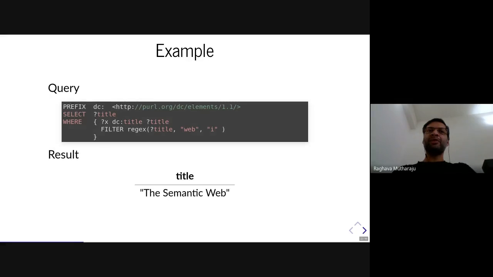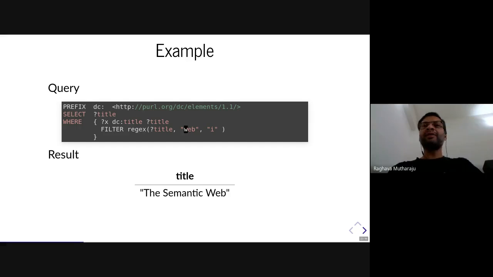Okay. So let me move on to another example, right? So it's the same data again, but in this case, you change the regular expression, and now you are interested in all those titles that have the characters web in them. Right? And i indicates that you can ignore the case. So either it can be capital or small letters, it doesn't matter.